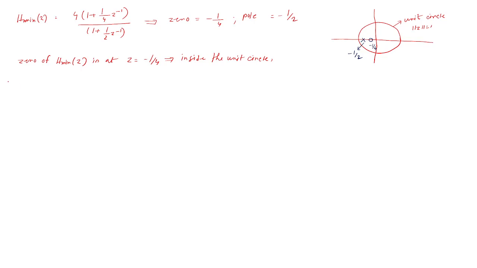Now we have to show that this is the transfer function of a causal and stable LTI system. Since stability represents the presence of all the poles inside the unit circle, let us first check that.